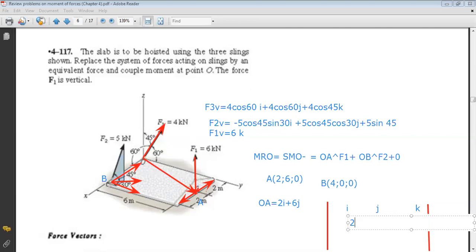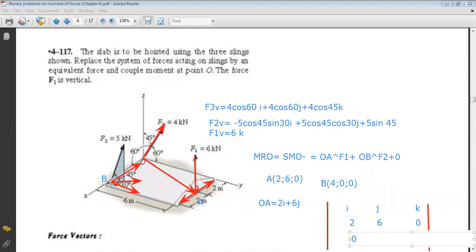So it is 2, 6, 0. And for vector F1 it's 0, 0, 6. Look here, for this first term it was much easier to do the expansion, because F1 has only one component along k, so you can do the matrix, but the expansion is much easier.